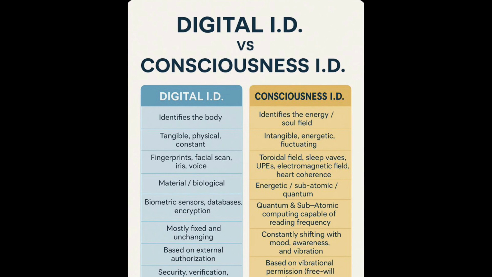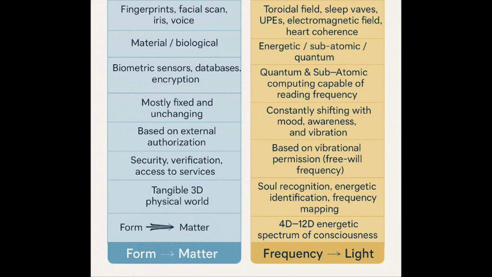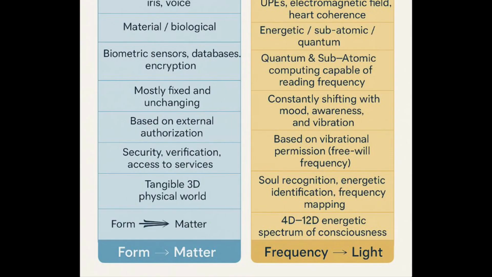With digital ID, the components are mostly fixed and unchanging, and there's a need for them to be based also on an external authorization. The digital ID is used for security, verification, and access to services, and is something that is normally seen and tangible in the 3D physical world. So it's using form and matter.